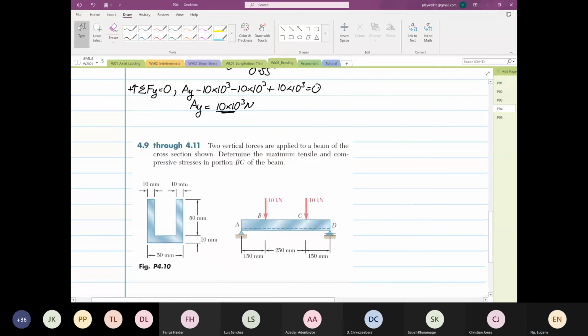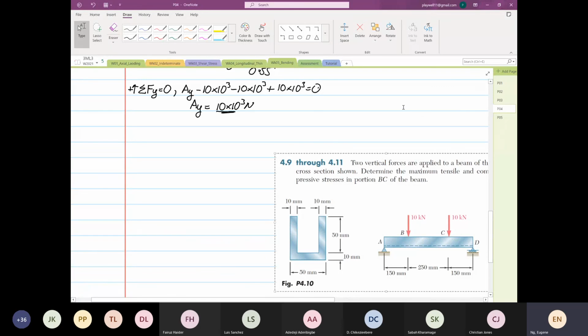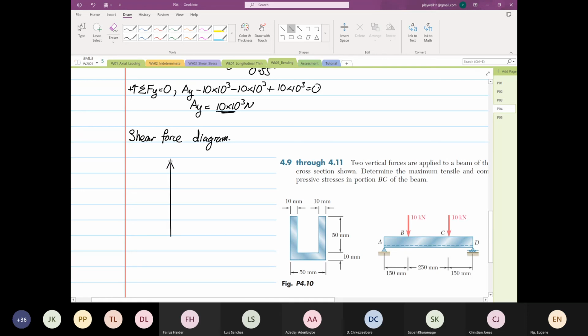Now, from here, we are going to construct the shear force diagram. So the shear force diagram looks like this.